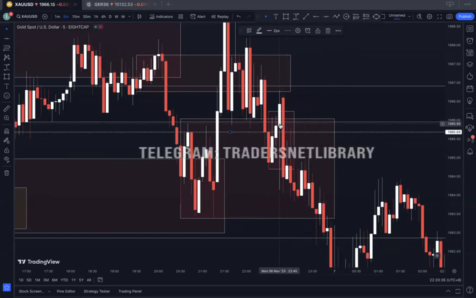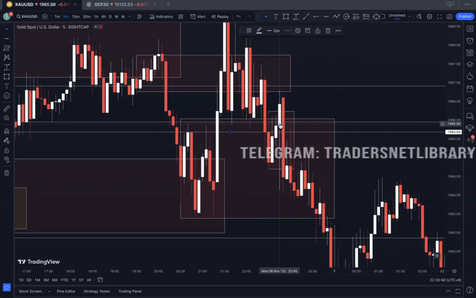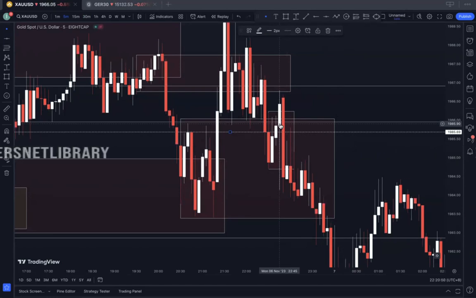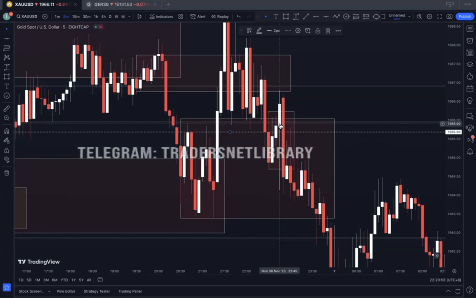We are currently in the buying zone of M30. When the price gets into the buying zone of M30, and inside of that the price creates an engulfing sell, it doesn't show that the price is going to go down. Nope.